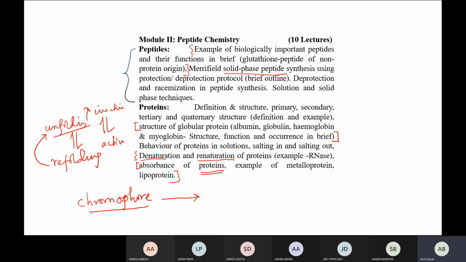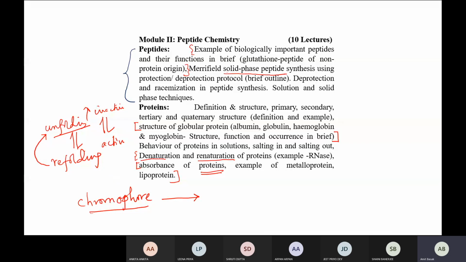That's right. A chromophore is that functionality present in a molecule which absorbs light. Whether it gives color depends on whether it is absorbing visible light. Many compounds are not colored, so they can absorb in UV light, and we don't see color in them.